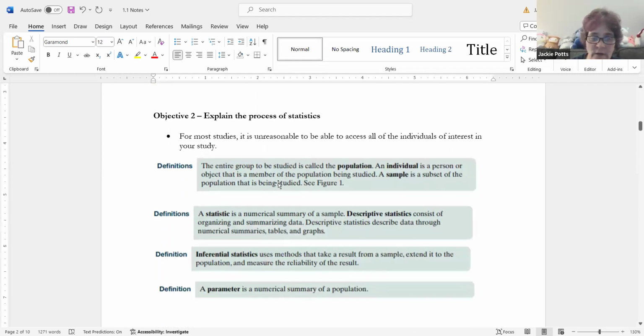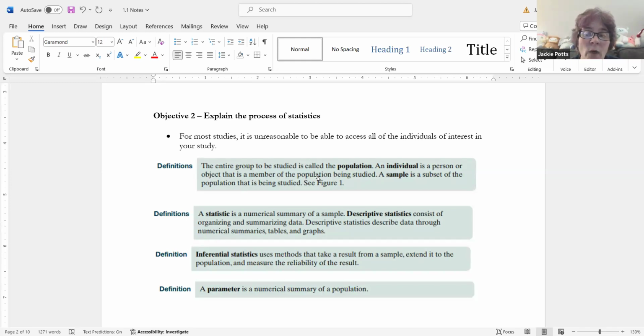Now, definitions. What is a population? The population is the entire group. It's seriously that simple. The individual is the singular object of the study. Both populations and samples are made up of individuals, but it's the grouping.